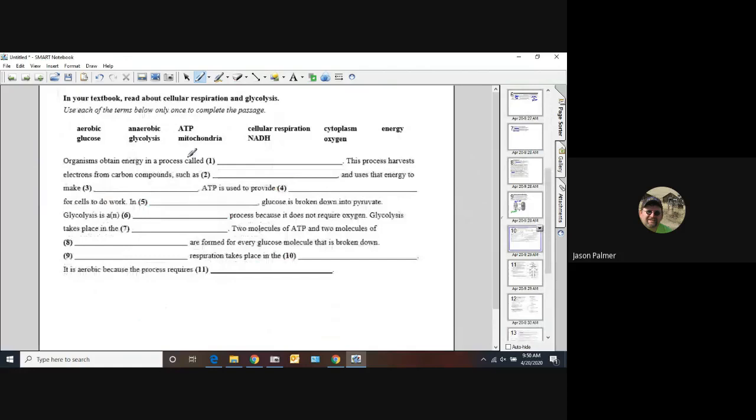All right. Organisms attain energy in a process called blank. So sounds like cellular respiration. This process harvests electrons from carbon compounds such as, and it sounds like that's glucose.